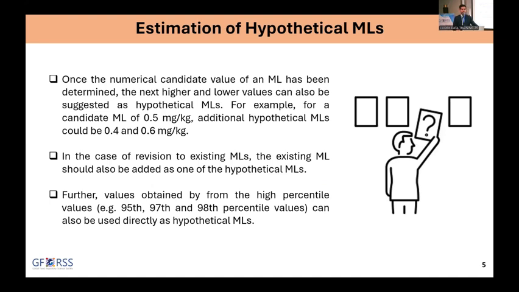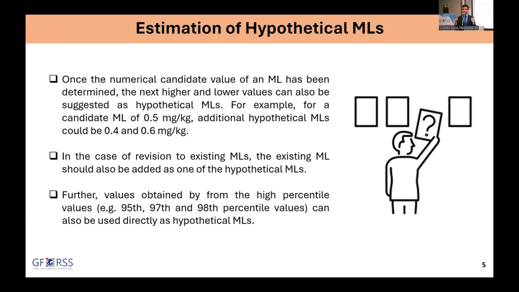Once this numerical candidate value of an ML has been determined, which we said could be the 95th percentile, could someone tell me why the 95th percentile is the candidate to start with for a hypothetical ML? Any idea? I have my distribution, and now I want to set my ML.